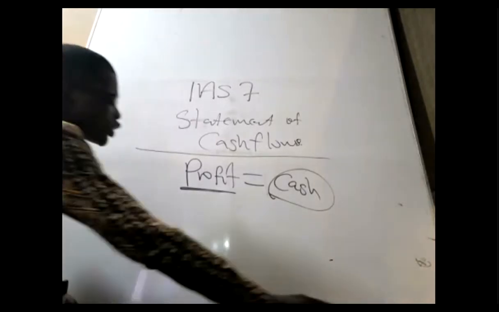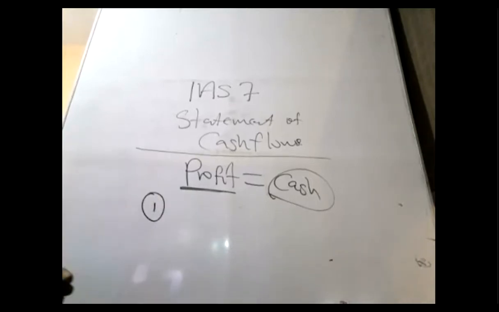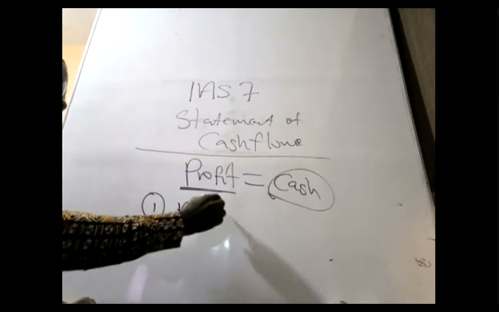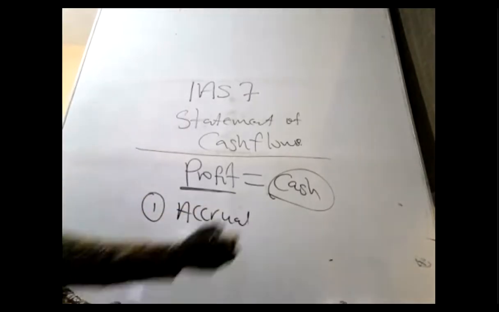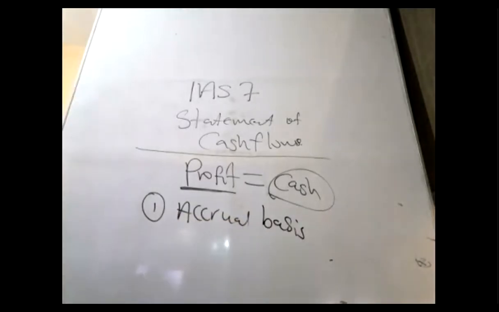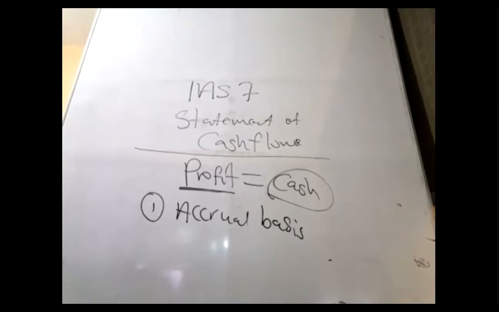Basically, that is all. Now, profit is not equal to cash due to the following reasons. Why is profit not equal to cash? The first reason is the accrual basis of accounting. Some of the sales, you have not received the money, but the accrual basis lets you add them to your revenue during the year. Some of the expenses you have not paid for, or you have paid ahead of time, and accrual basis will let you list them.